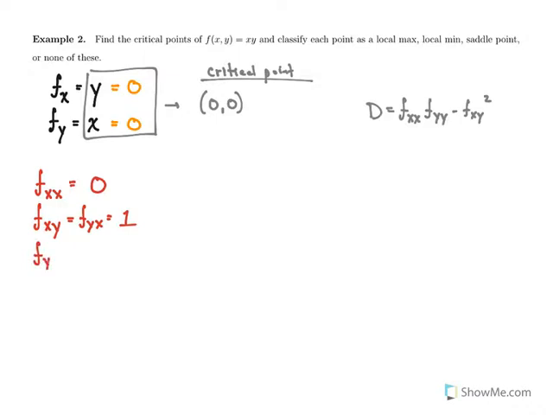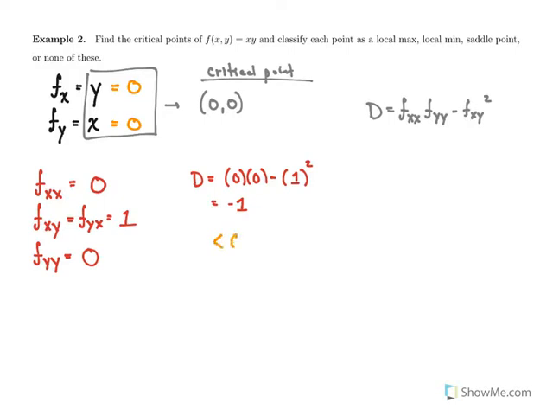And f_yy is the derivative of x with respect to y, that is a 0. So this value D is going to be 0 times 0 minus 1 squared. So that is a minus 1.